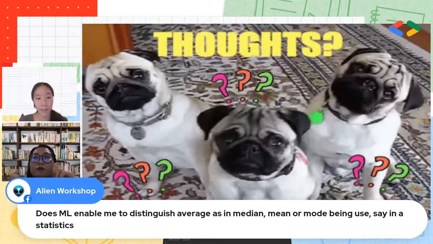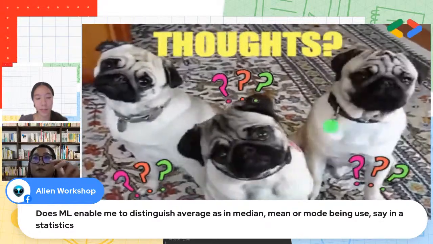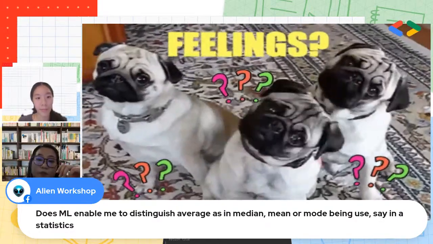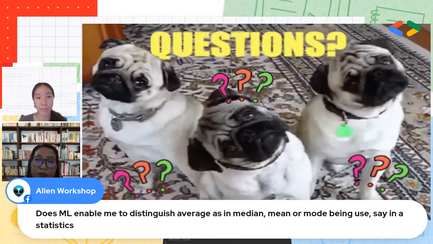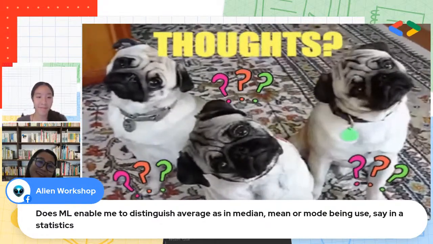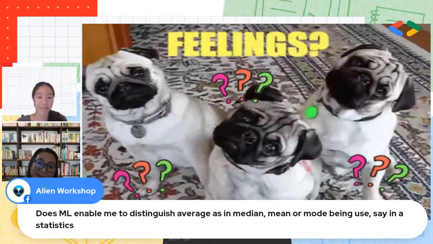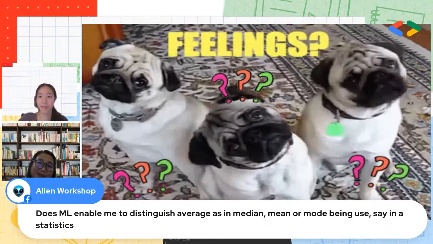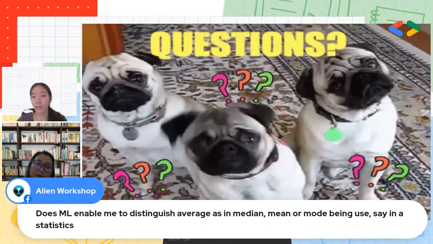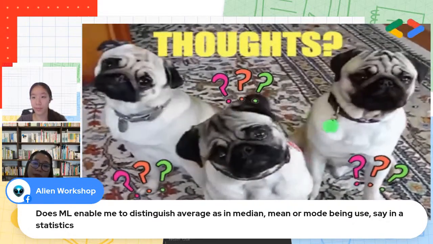It will give a different meaning if you use a different value. But it's really hard to give the direct answer, because it really depends on the data and what the values are in all this median, mean, and mode.